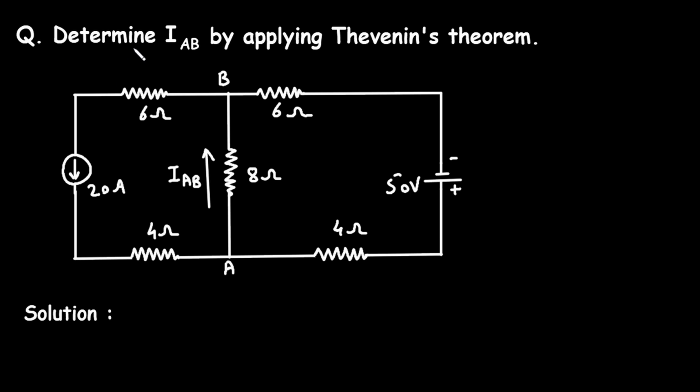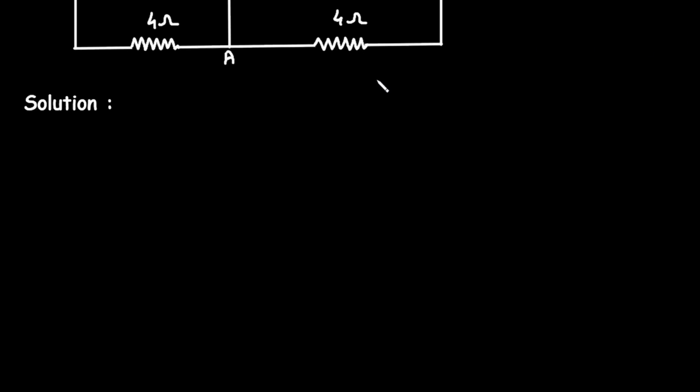Question: determine IAB by applying Thevenin's theorem. Now here in this circuit, we have to find the value of IAB by using Thevenin's theorem. Solution: step number 1 is to find the value of RTH.